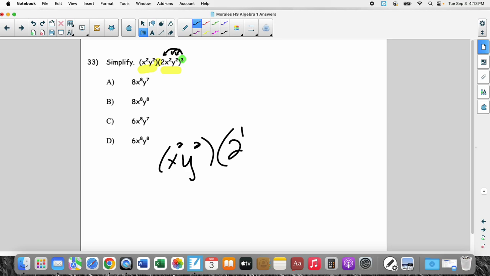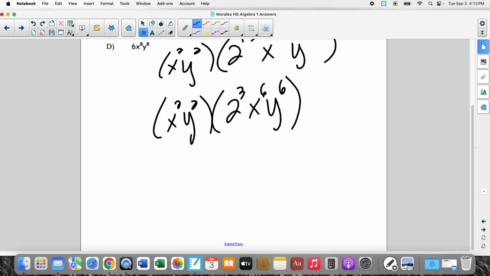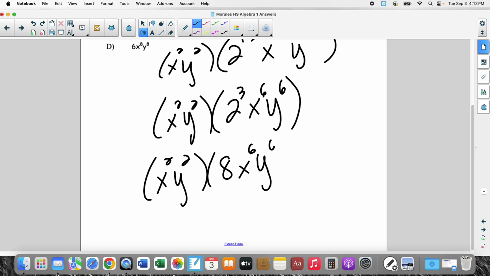So I have 2 to the 1st times 3, x to the 2nd times 3, y to the 2nd times 3. That gives me x to the 2nd, y to the 2nd times 2 to the 3rd, x to the 6th, y to the 6th. We can simplify that. That's x to the 2nd, y to the 2nd, and 8x to the 6th, y to the 6th.